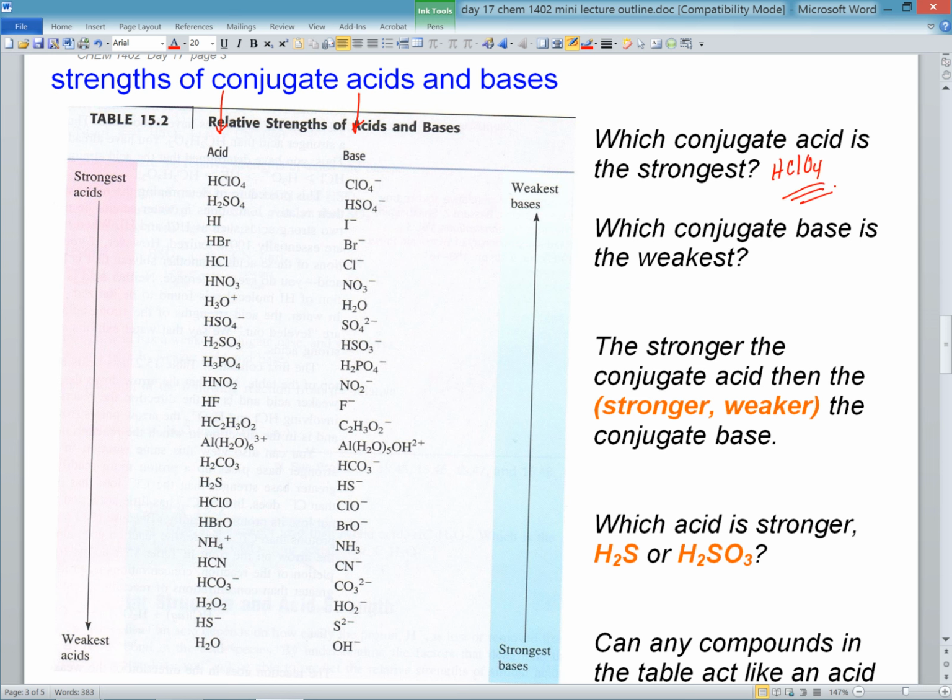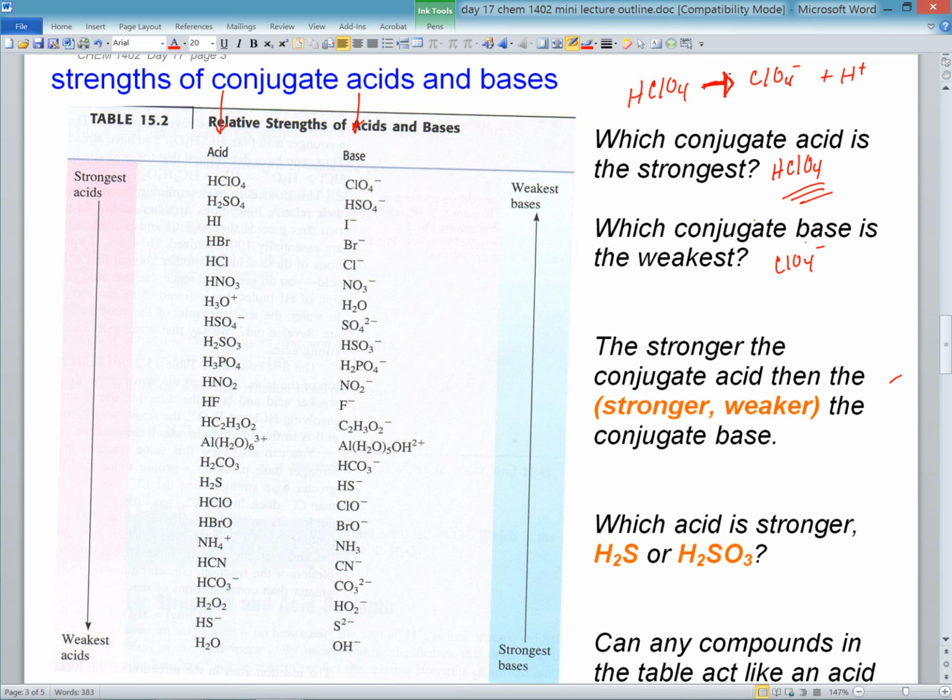Which conjugate base is the weakest, James? ClO4 minus. Does that make sense? Right? HClO4 goes to perchlorate and hydrogen ion. But it goes 100% because HClO4 is one of those strong acids, right?